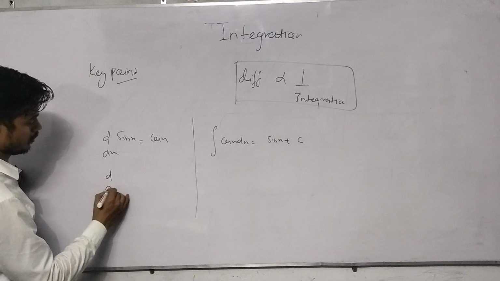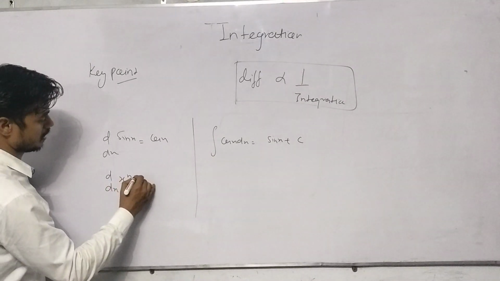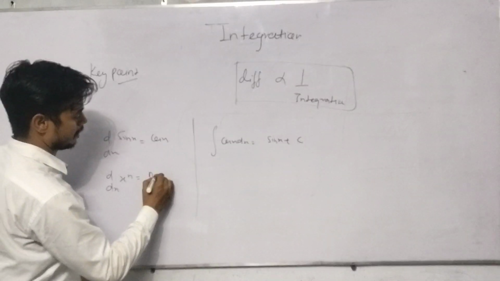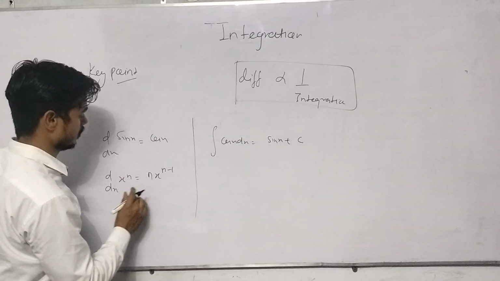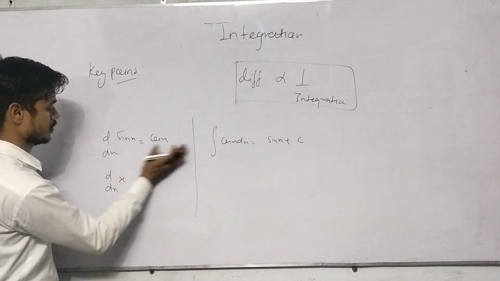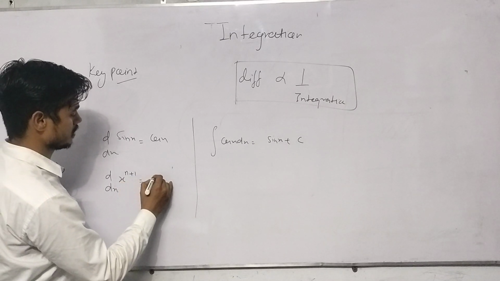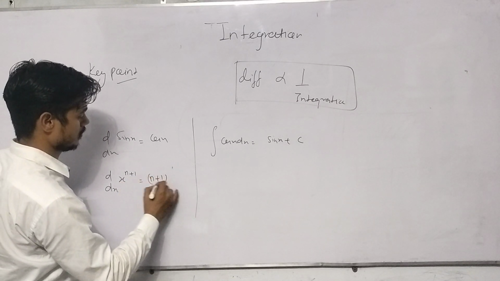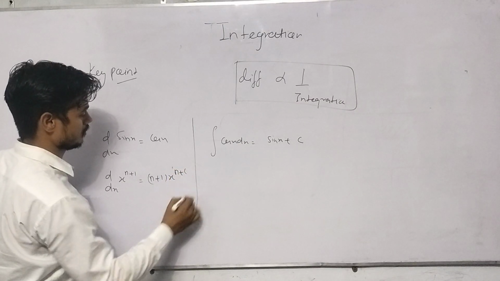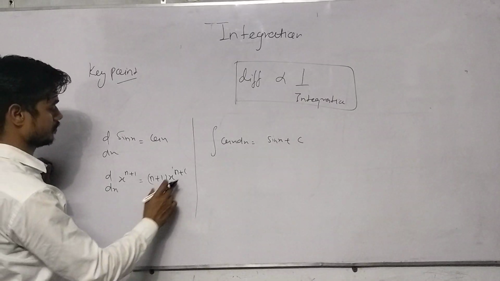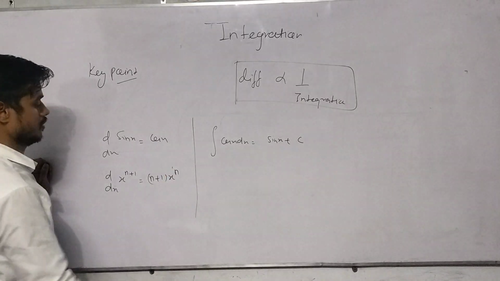In case number 2, d upon dx of x power n gives n x power n minus 1, or we can say, integration gives x power n plus 1 divided by n plus 1. Okay, sorry, this is the n.